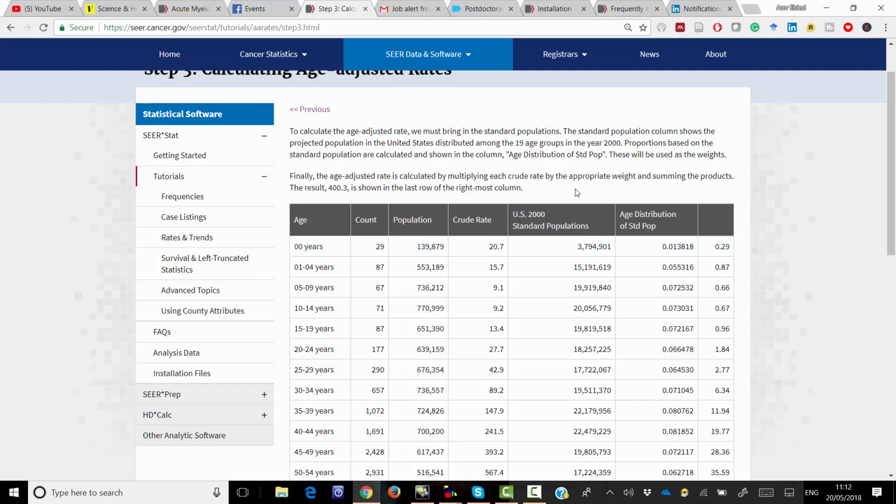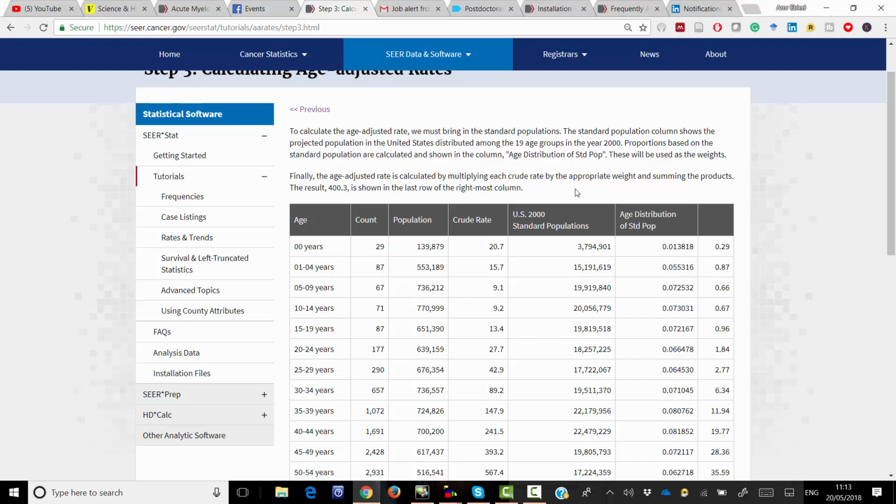I don't know if you understand this the first time, but it is well known that crude rates depend upon age, and the crude rate depends upon the composition of the population. If a cancer is more prevalent in older people, and it happens that a certain community is composed of 80% old people and 20% younger people, this will give me an overrated crude incidence rate.